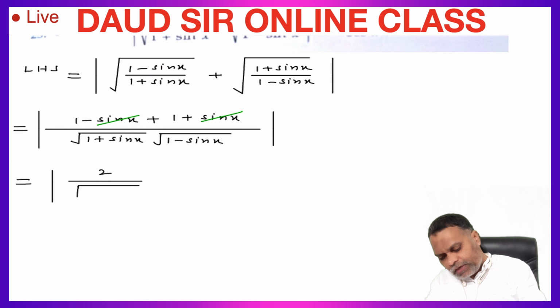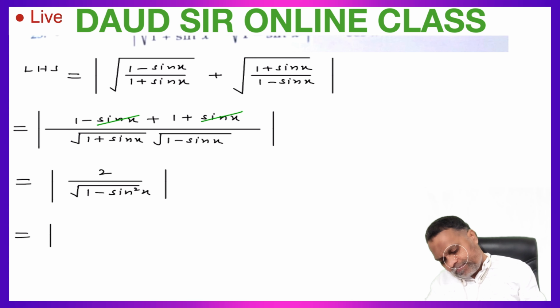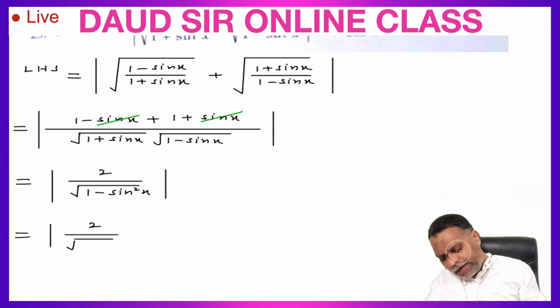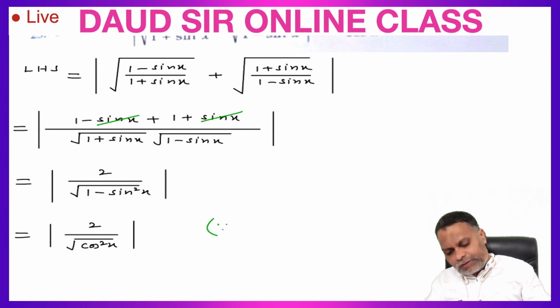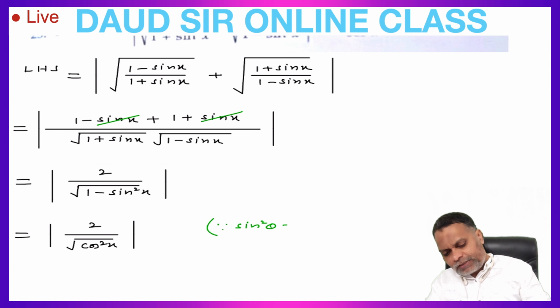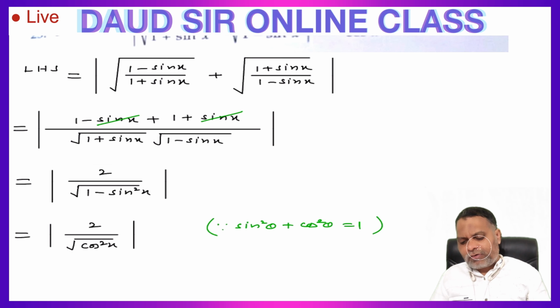So under root a square 1 minus b square sin square x, which is equal to mod of 2 upon under root 1 minus sin square x, can be written as cos square x by the identity sin square theta plus cos square theta is equal to 1. So 1 minus sin square theta is equal to cos square theta.